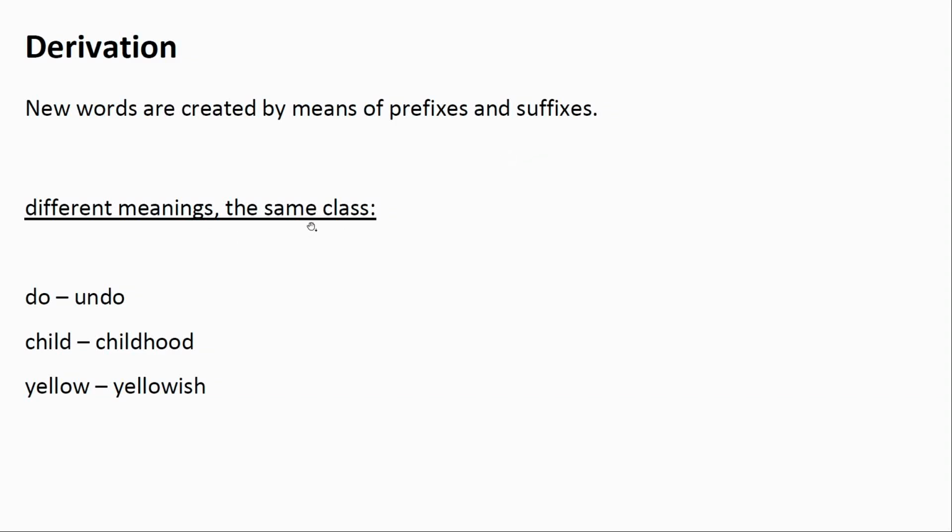same class. Do, undo. Both are verbs but with opposite meanings. Child and childhood. Both are nouns but with different meanings. Yellow, yellowish. Both are adjectives but with slightly different meanings.